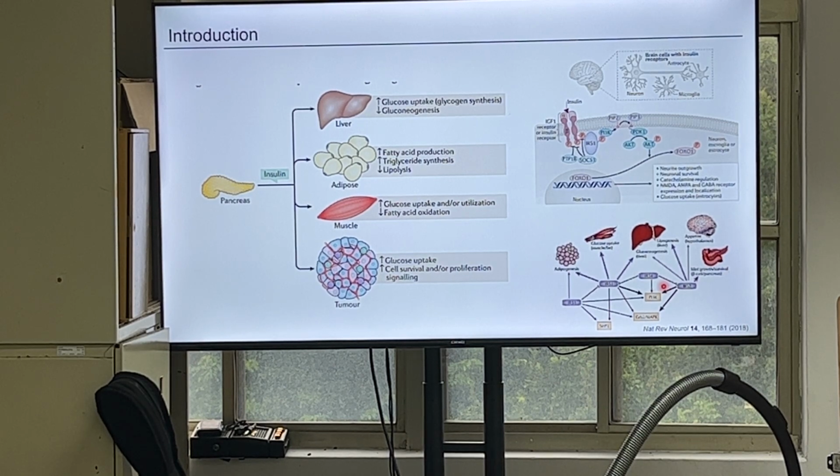Actually, we only find maybe one gene of the insulin receptor in the human genome. So why does it act differently? Mainly because you have different kinds of insulin receptor substrates.